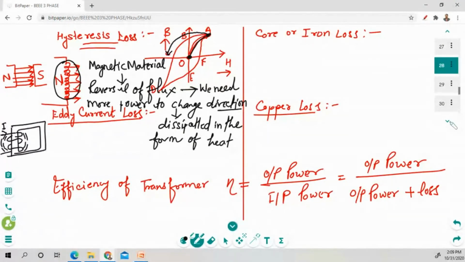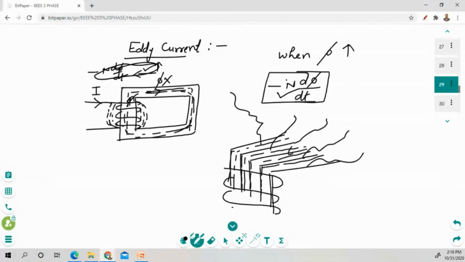When you start from this point and we give the magnetic field intensity to reach point A, we need more power. When we give the power, the reversal of magnetic flux is achieved, and it reaches point D. When it reaches point D, we need more power, then we again apply the power and reach point A. Flux linkage in the core induces an EMF in the core and circulates eddy currents.